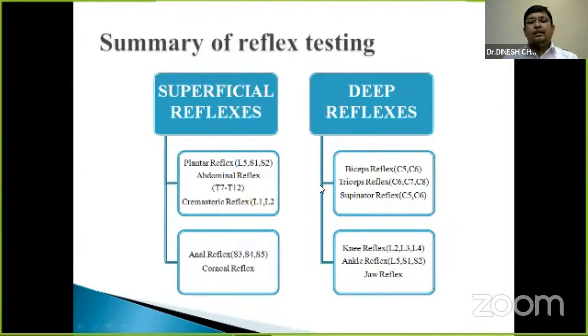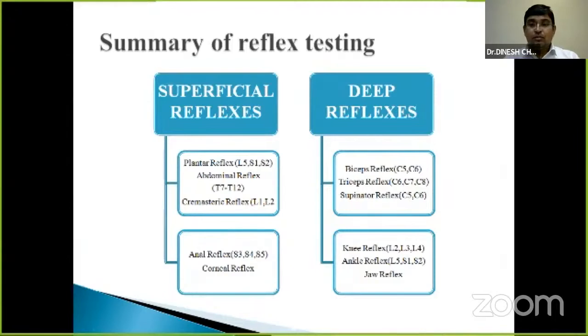So we are at the end of the reflex testing lecture. In summary, let's look at the superficial reflexes and the deep reflexes in one go. Superficial reflexes: plantar reflex, root value L5, S1, S2; abdominal reflex, T7 to T12; cremasteric reflex, L1, L2.